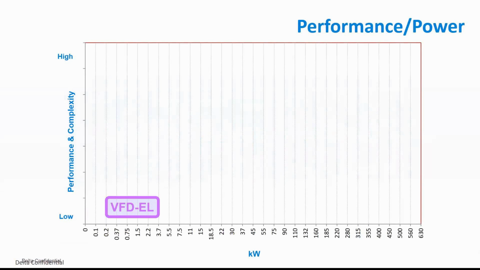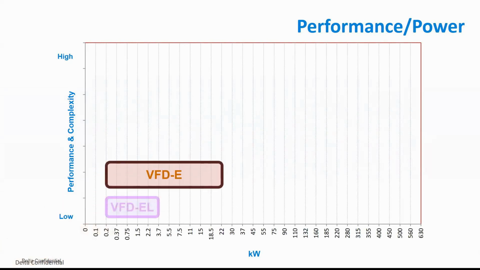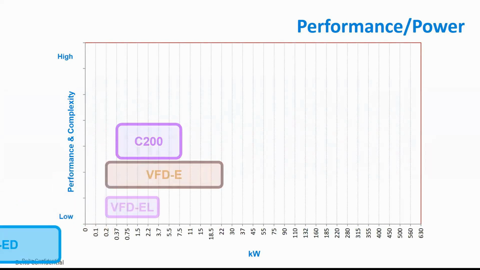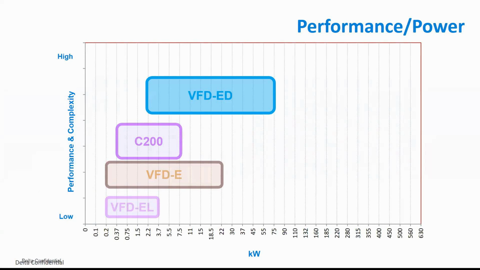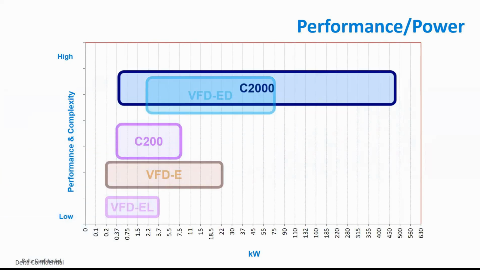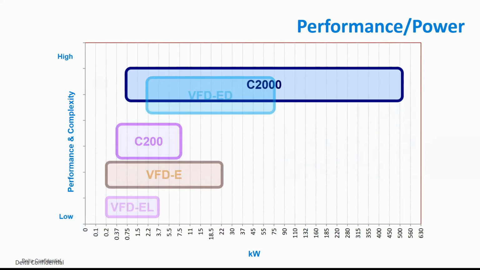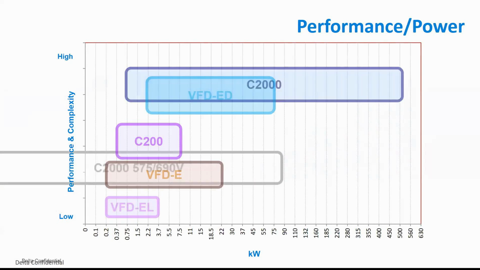I just put here a quick graph to give you some idea of the different drives in terms of power and performance. First, you have VFD-EL and VFD-E, then you have the C200. Now, in terms of performance and functions, of course, VFD-ED and C2000 are leading.